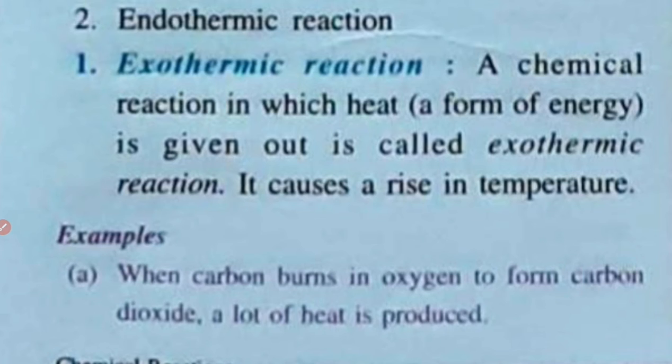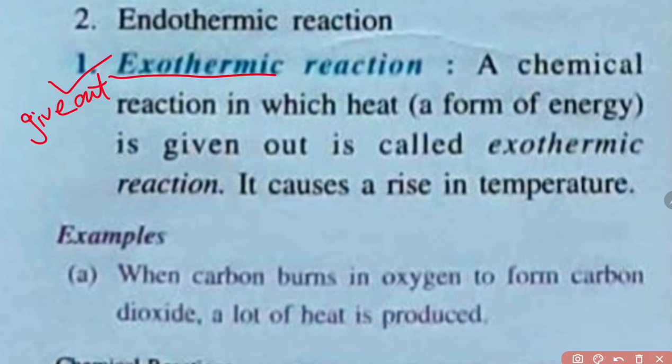Now going to the topic, exothermic reaction: a chemical reaction in which heat, a form of energy, is given out is called exothermic reaction. It causes a rise in temperature. So here exothermic, exo means to give out, right?